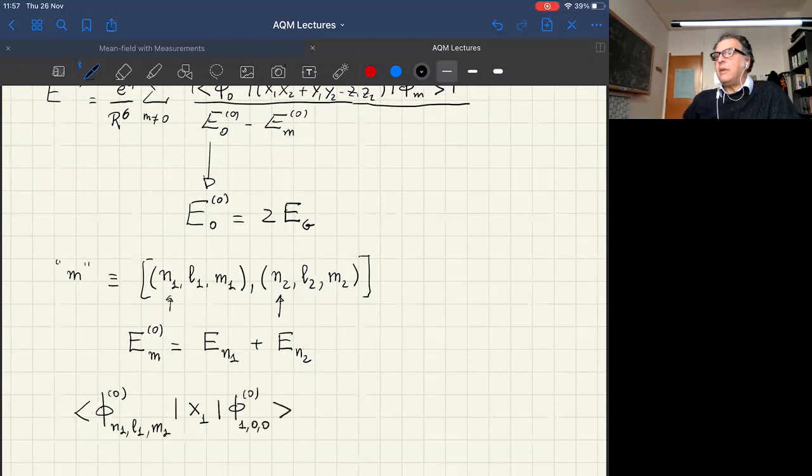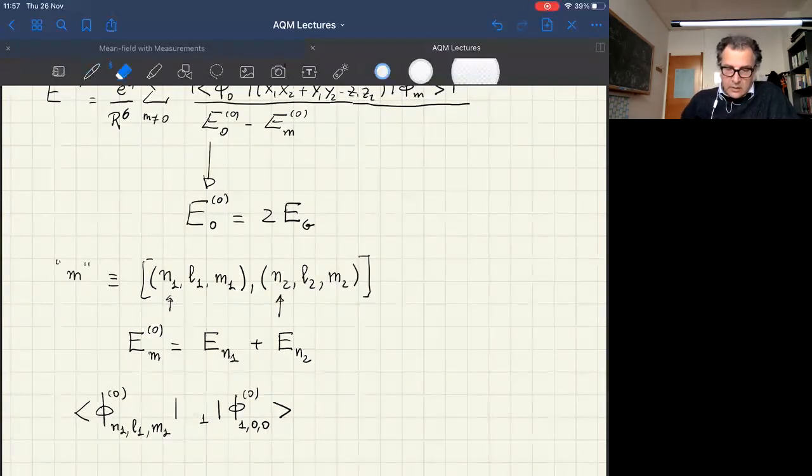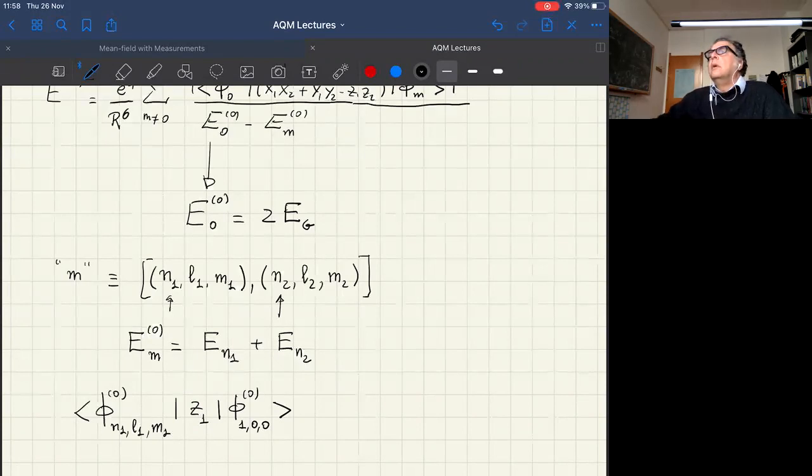So you have to compute the matrix element between the ground state, the 1s orbital, and a generic excited state on the first atom. And this you have to do for x, for y, or for z. Since you know the hydrogen atom wave function, this is something you can do.